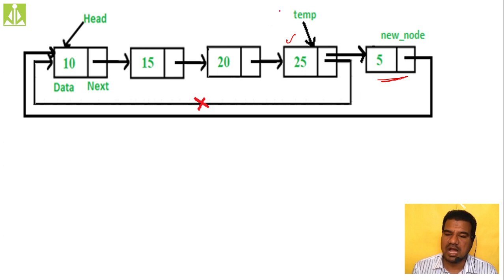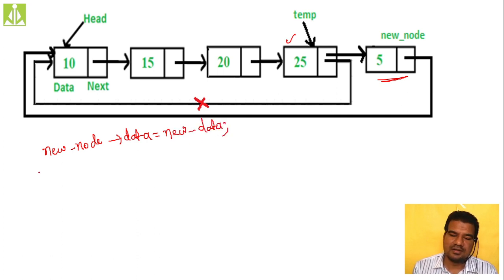So what we have to do, first you create the new node, and make the new data to be stored as new node's data. New data is equal to new node of data. Then make a temporary pointer, node star temp equals to head, and make this temp traverse till the end.